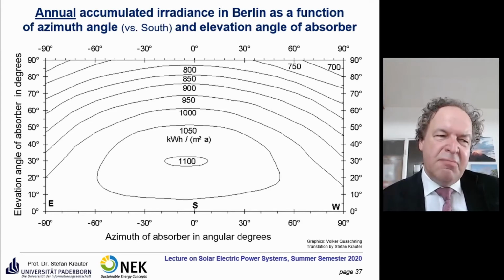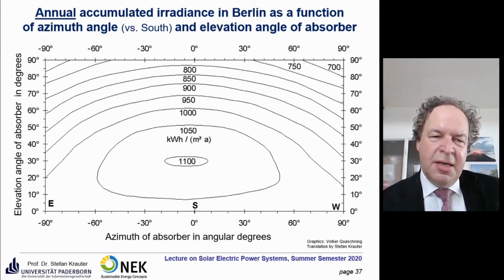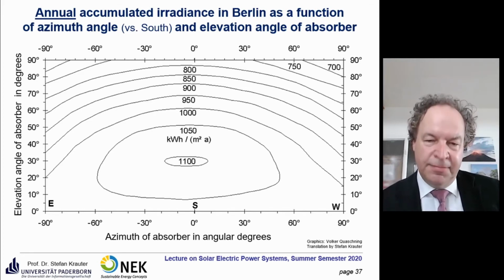This was quite significant in former times, but since photovoltaics got really cheap, cheaper than usual facade elements, that's not as important as it was some years before. Even if you deviate from the southerly position, for example, if you install it at 90 degrees east, totally east, you still have quite a high irradiance.